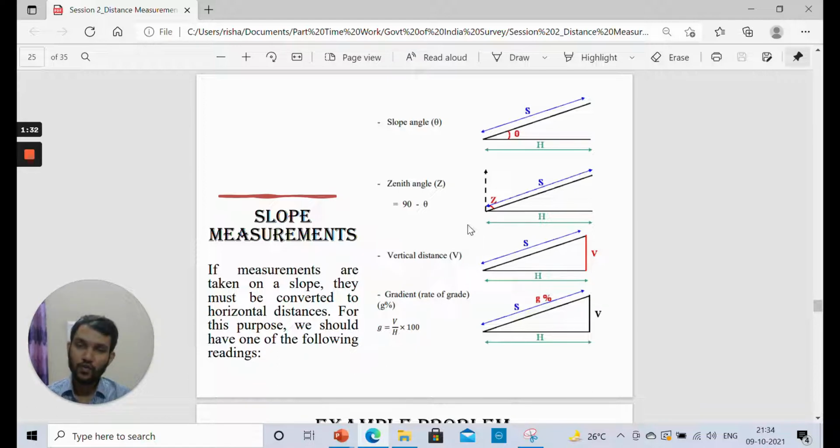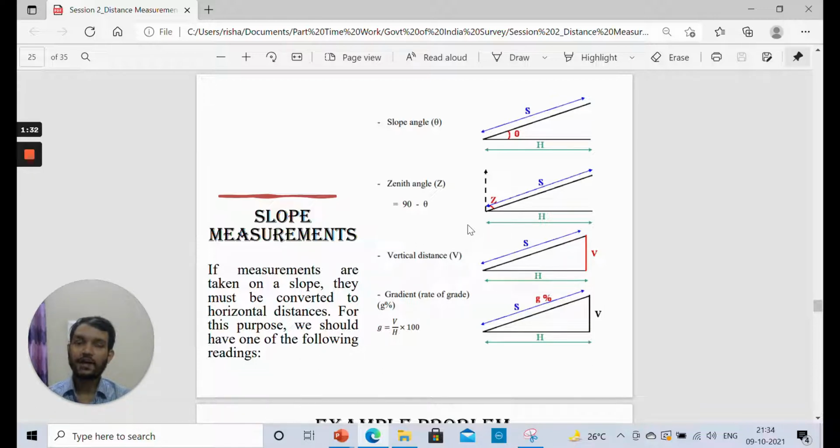So for those cases, if we have got the slope distance between 2 points and we need to locate the horizontal distance, apart from that we can take any other reading that we have shown here. Either you can measure the slope angle theta.